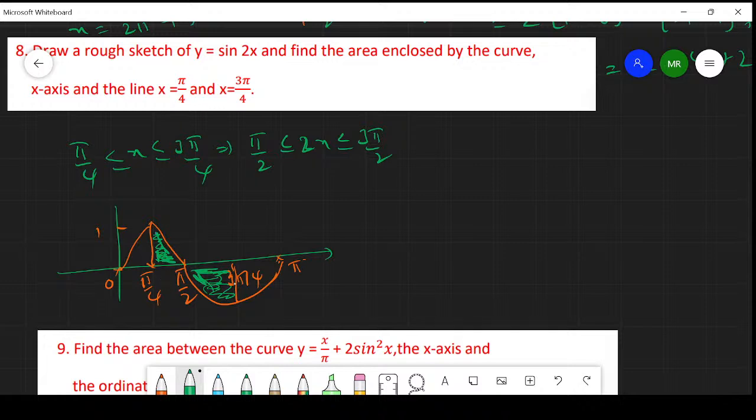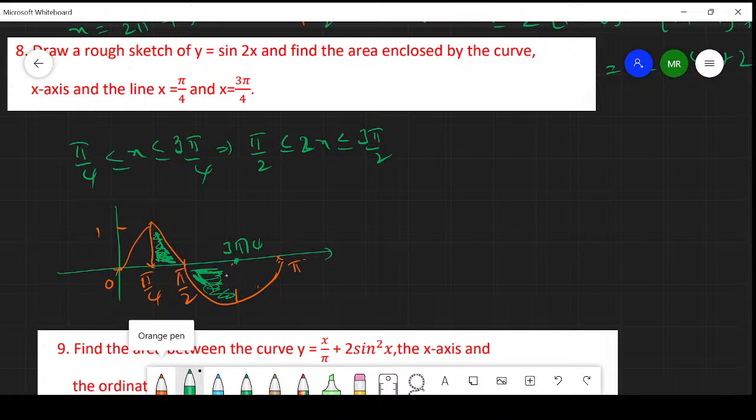Because this is pi by 4 to 3 pi by 4. X values follow this only, right? Pi by 4 to 3 pi by 4, only that one you should check. This is the required area. This is up to 3 pi by 4. Correct? This point is 3 pi by 4, what I have written here.